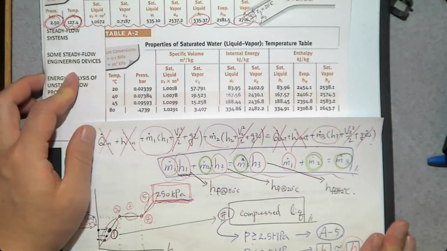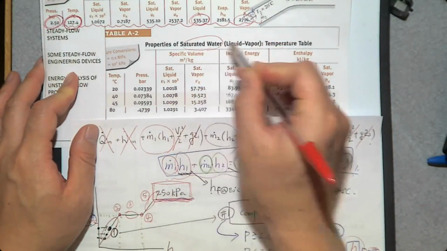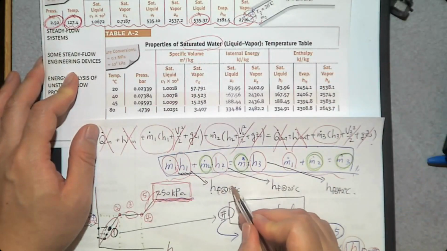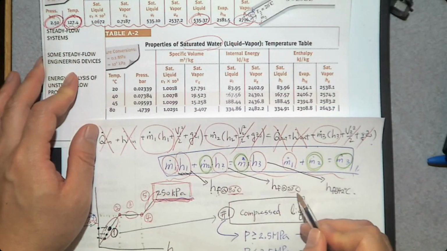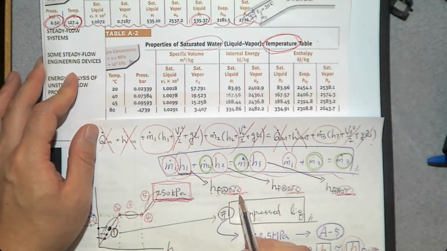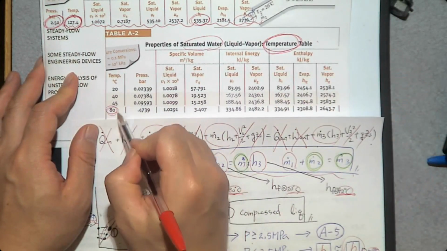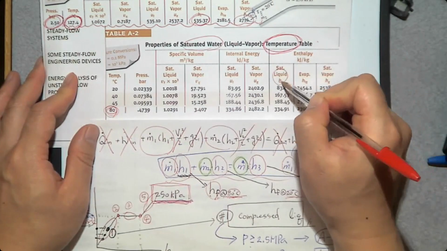Here is table A2. We have saturated water. Since we are going to find these h_f values at these temperatures, we need to go to the temperature table. So where is 80 degrees Celsius? Right here. What we are looking for is h_f.